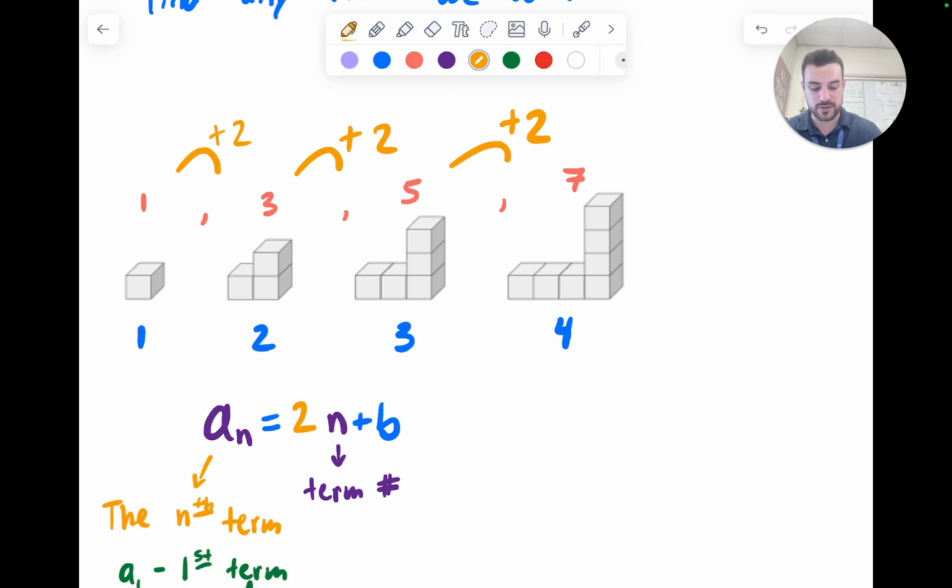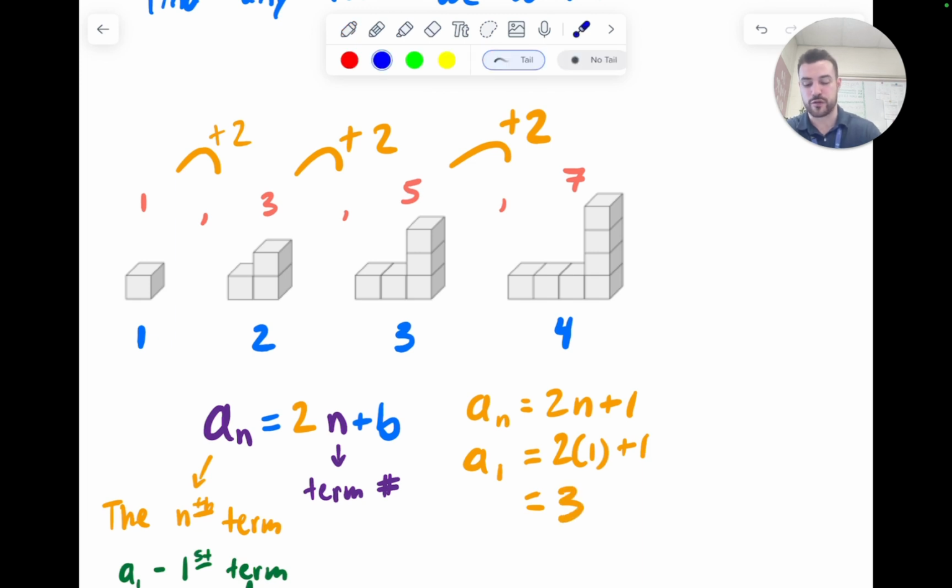But the problem is, if I put 1 in there, that means I should be able to plug in a sub 1 and find my first term. But I end up getting a first term that is 3. And our first term is 1, so it's not actually going to be a positive 1. Instead, it is almost like visualizing what would come before our first term, which would be negative 1.